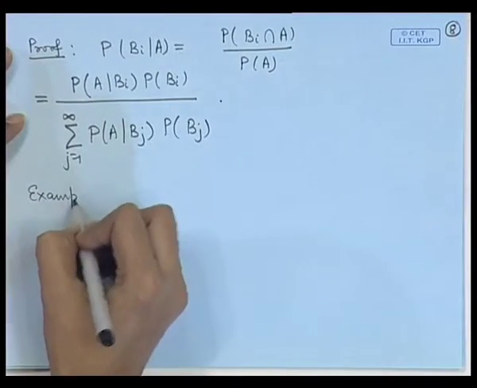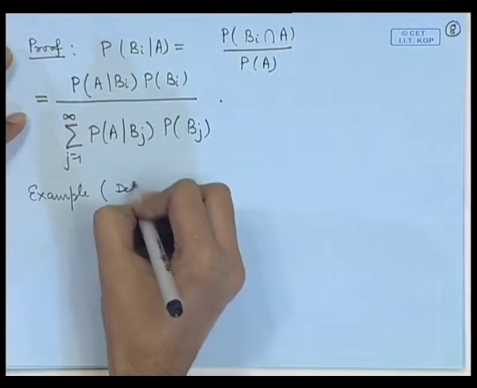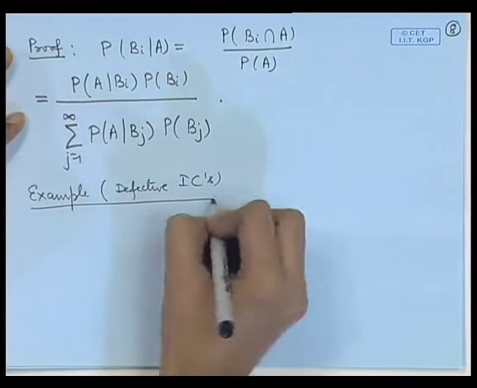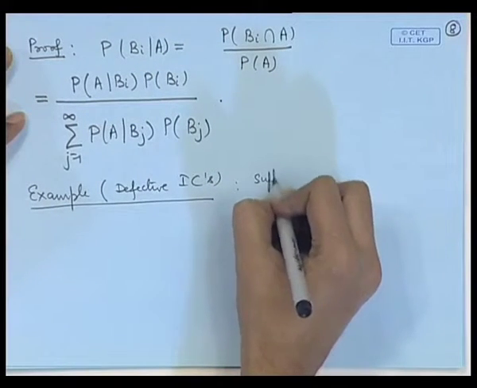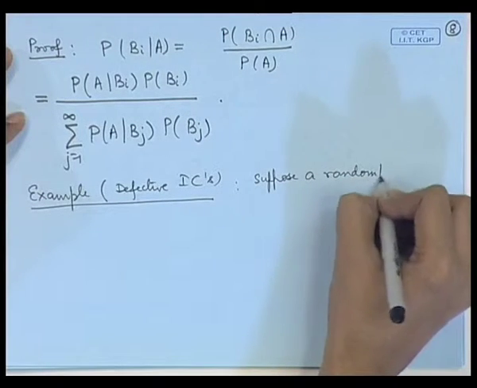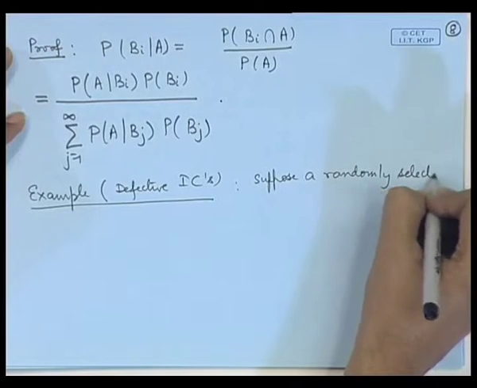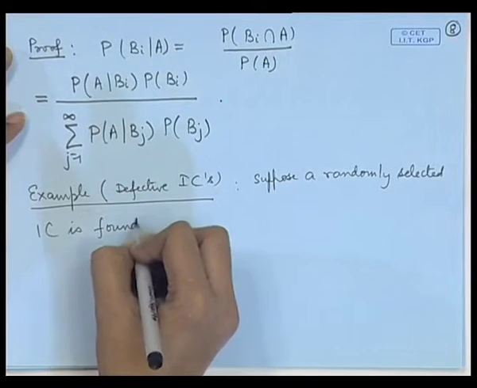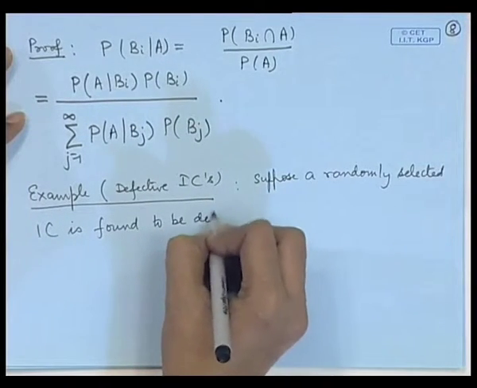Let us look at the previous example of the IC defective problem. Suppose a randomly selected IC is found to be defective.